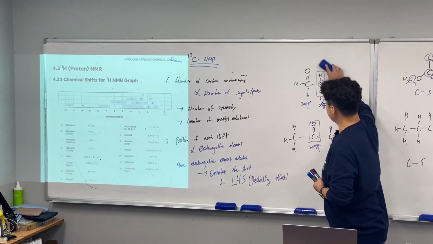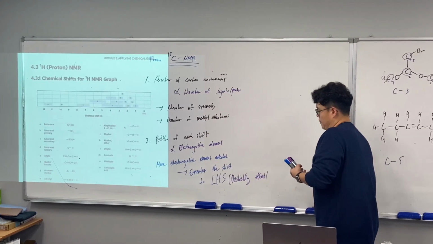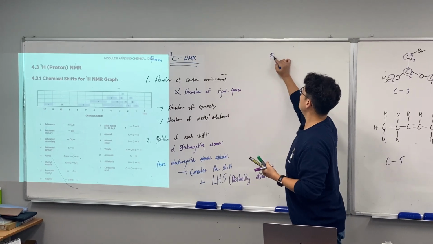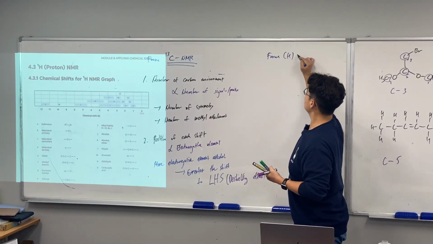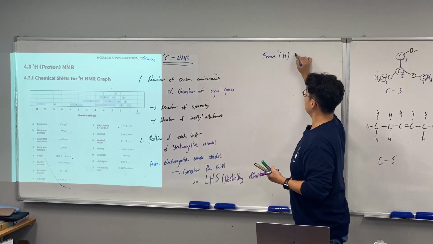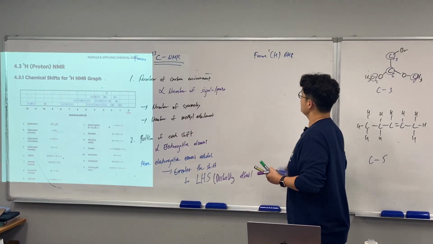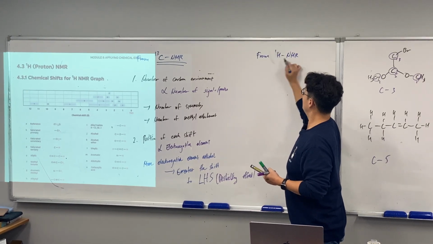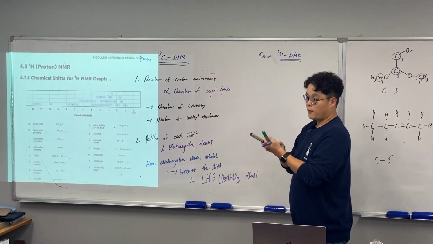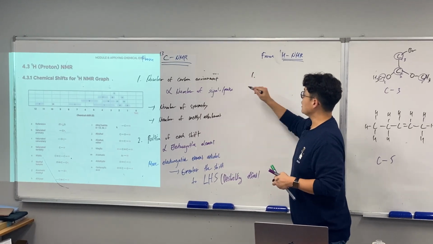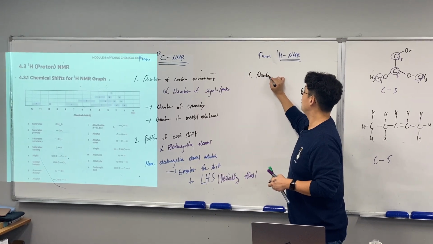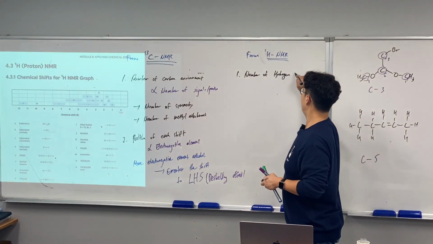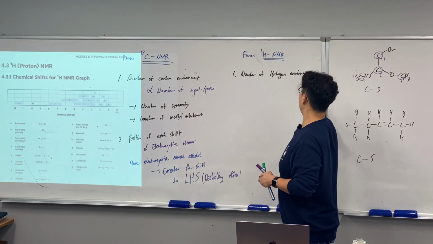So I write it down over here, the things we can get from the H NMR. The first information from the H1 NMR, the proton NMR, is, just like the carbon NMRs, the number of hydrogen environments.